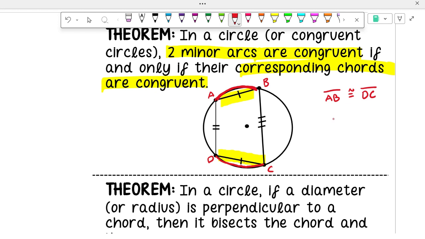So on top of that, the measure of arc AB is congruent to arc DC. And it's only those two arcs because if we look at the ticks, if I wanted to mark these with ticks, I would just use one tick to mark those arcs as congruent.